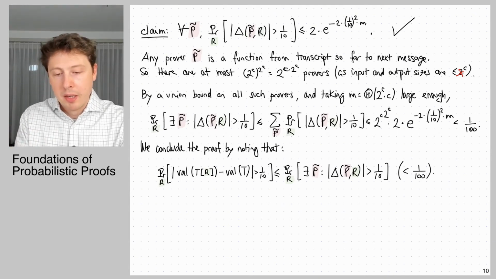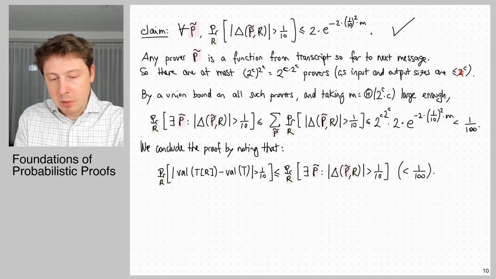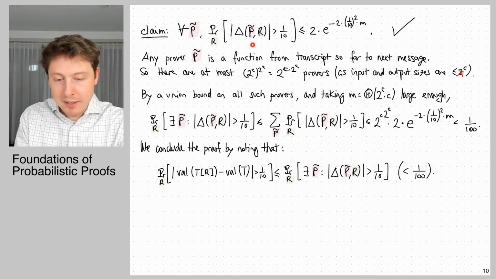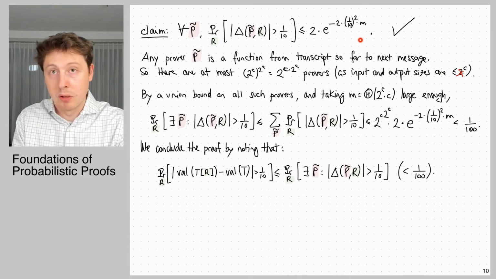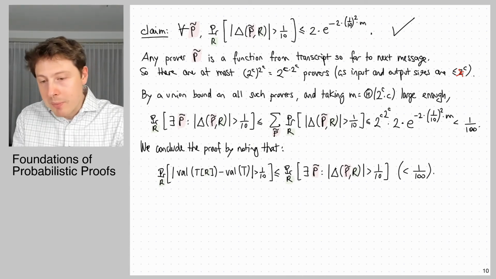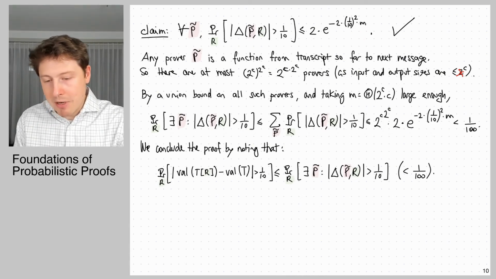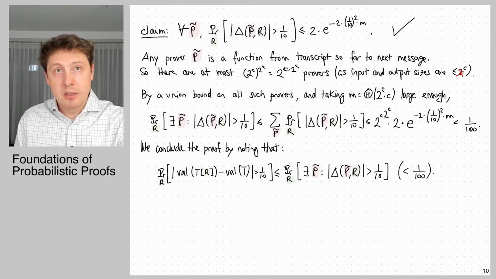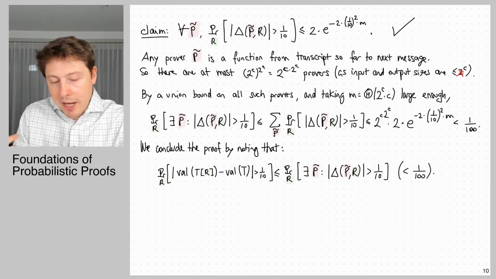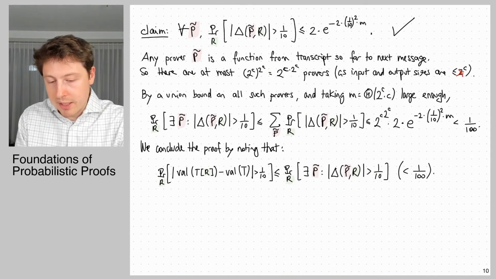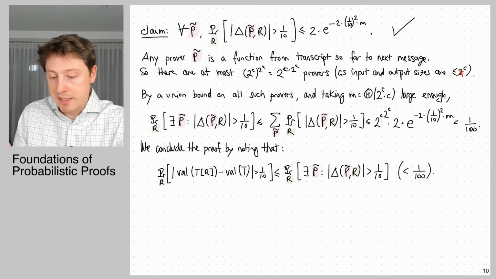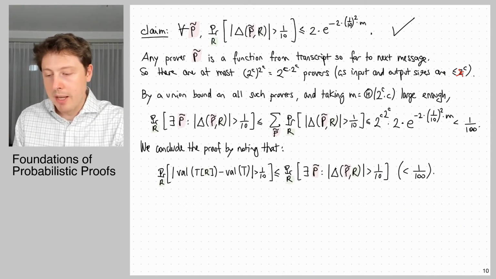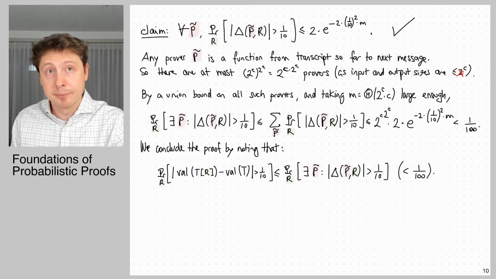And we've sparsified the tree, and we're saying the probability that the two probabilities are far away from each other is extremely small. In fact, we can make this as small as we want by making m larger and larger. But fortunately, there are not too many provers because communication is bounded. So we can afford to just say, there's not too many provers, each prover must be doing something. And so overall, the probability that there is some prover that makes the sparsification bad is pretty small.